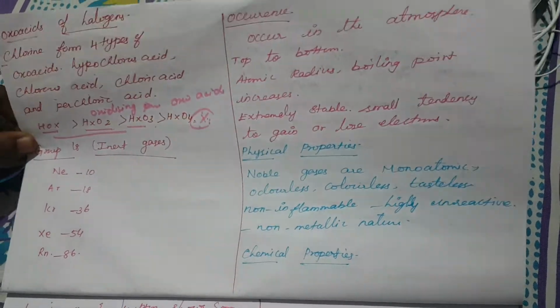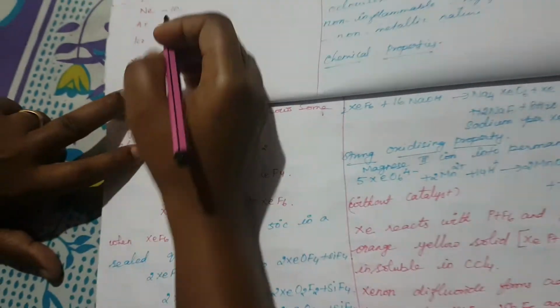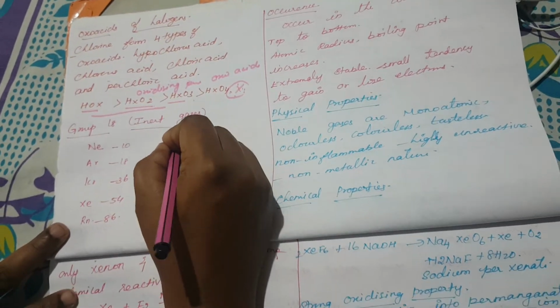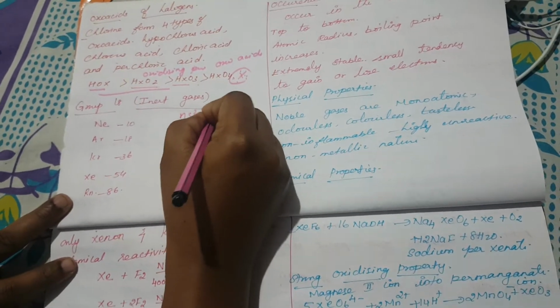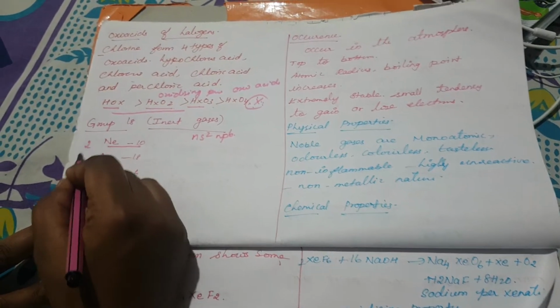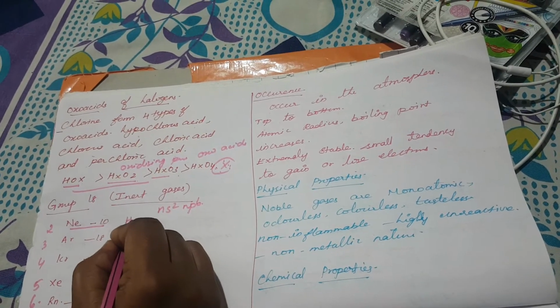Next we are going to see the inert gases, group 18 elements. What are inert gases? What is the general electronic configuration of inert gases? ns2 np6.